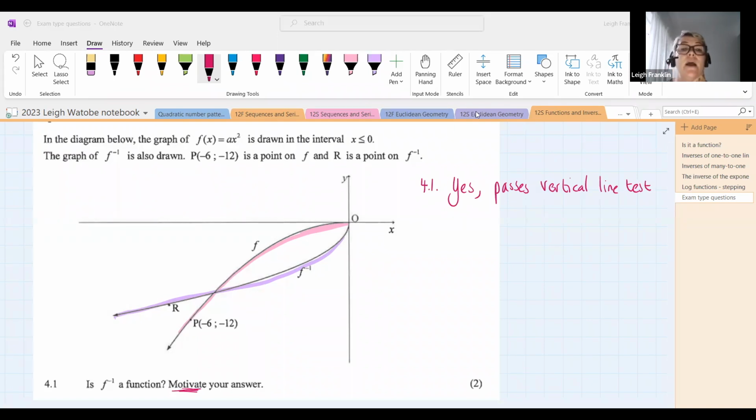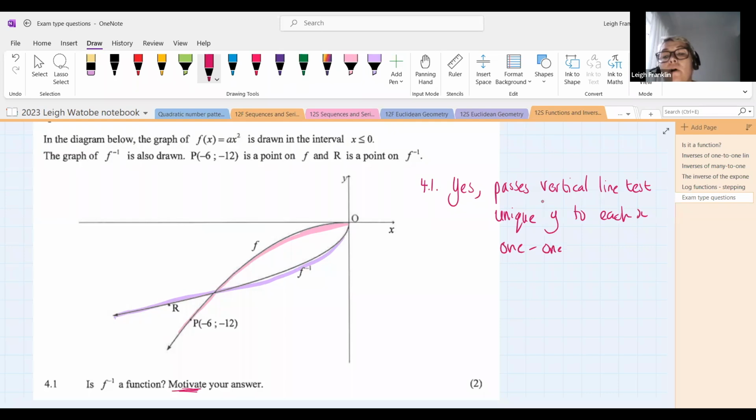Absolutely. Someone was using the word unique. I like that. Yes. Okay. So there is a unique y for every x. Lovely. That's another way of saying that it is a one-to-one function. So you could say there is a unique y to each x, or you could say that it is a one-to-one function.